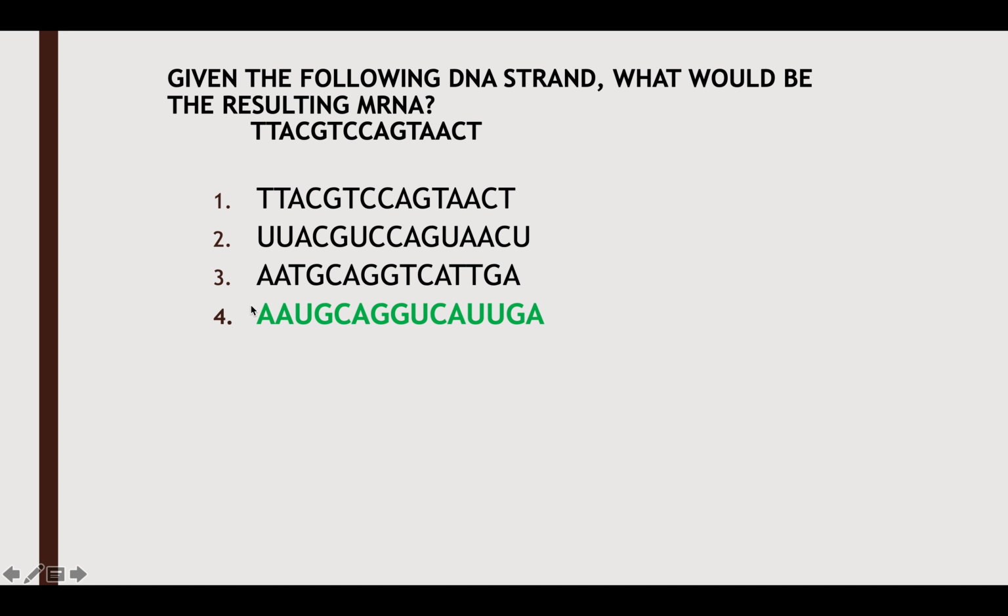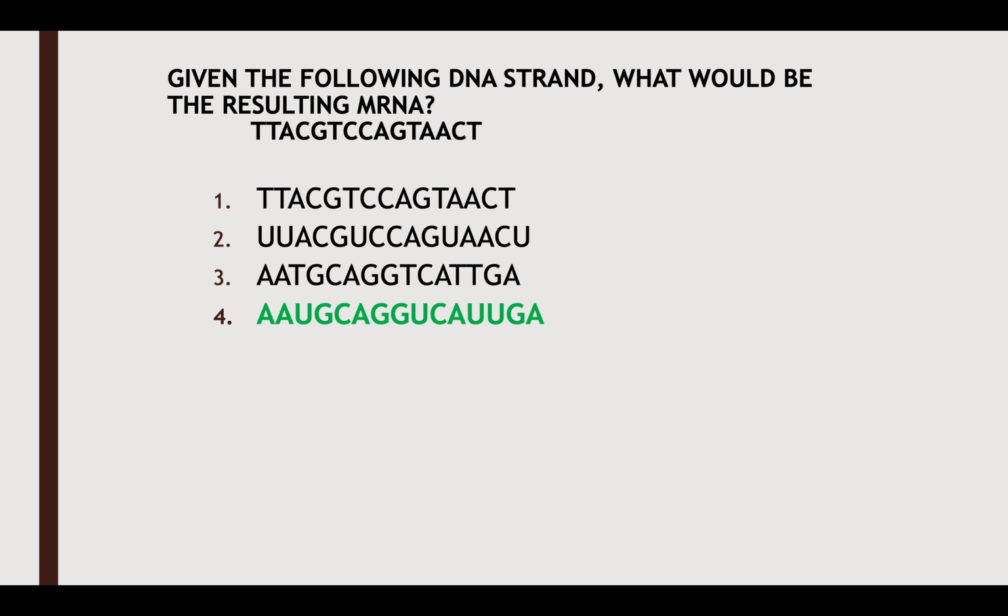T goes with A, T goes with A. A here would normally go with T, but because messenger RNA doesn't have any T's, I have to put a U instead, and so on. So as you continue, this should have been what you came up with. If you didn't, make yourself a note how to do it and where you made a mistake so that hopefully you won't make that same mistake again.